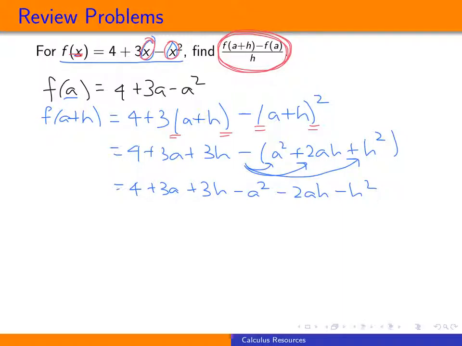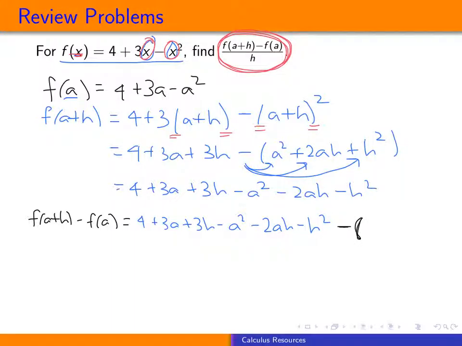Fantastic. So now we have both the pieces that we need for the numerator of the difference quotient, and we're going to subtract them. So we want to look at what f of a plus h minus f of a looks like. So we rewrite that f of a plus h, which is 4 plus 3a plus 3h minus a squared minus 2ah minus h squared. And we're going to subtract off f of a. Since I want to subtract off all of f of a, again, I want to make sure I put some parentheses in there.